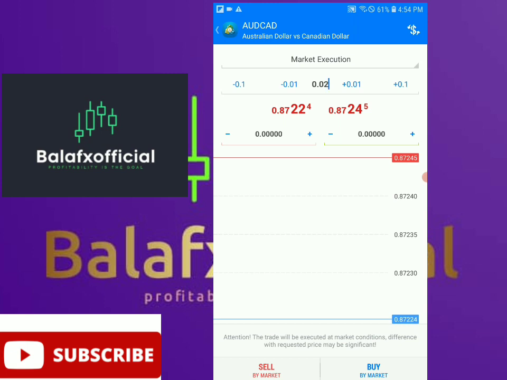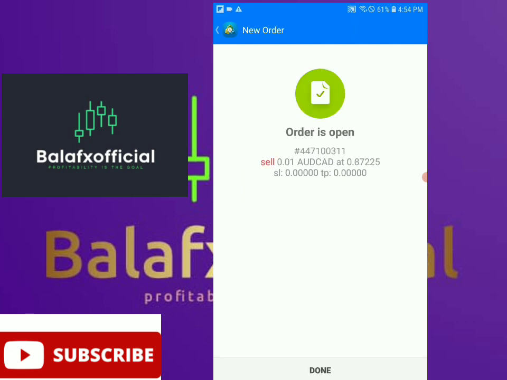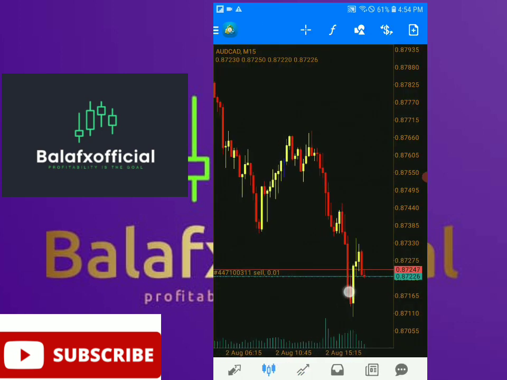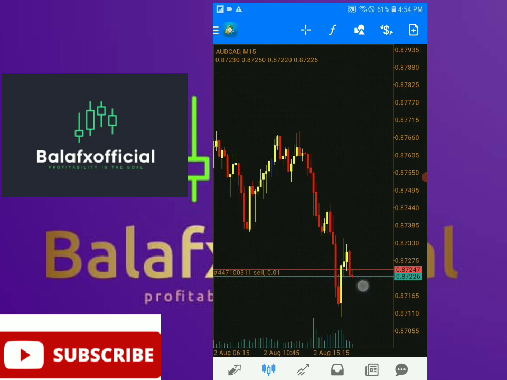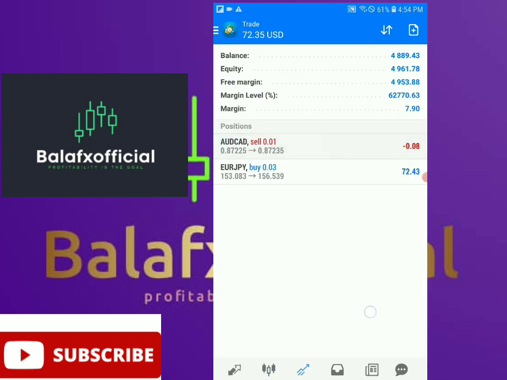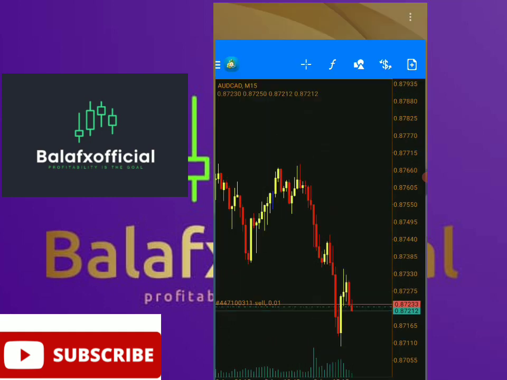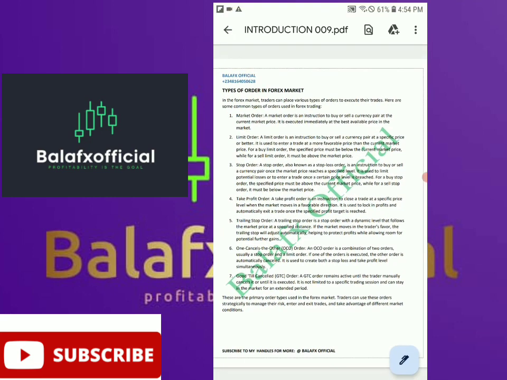This is the market order, at the current price of the market. So I'm selling. Either buy or sell, it doesn't matter, but all that matters is that in a market order you execute at the current market zone. This is what you call a market order. This is number 1. We call it market order.